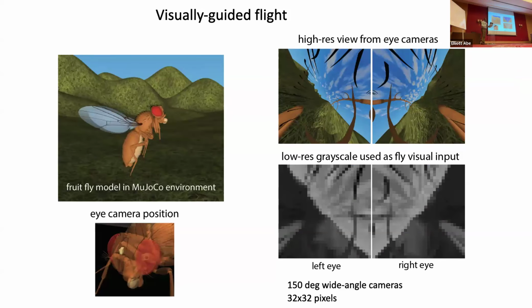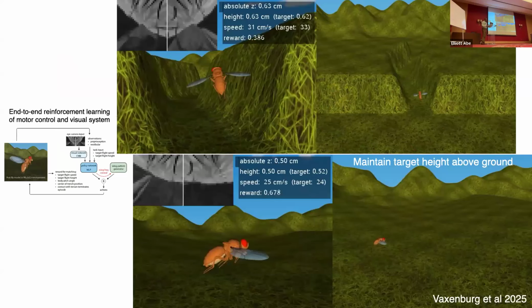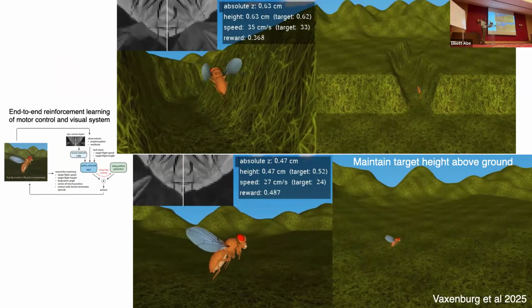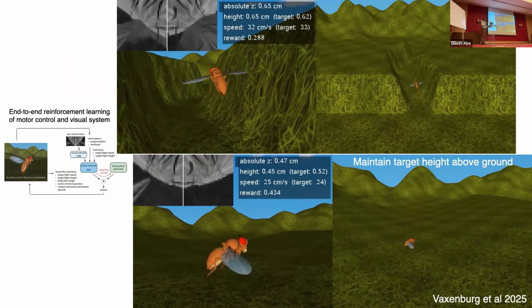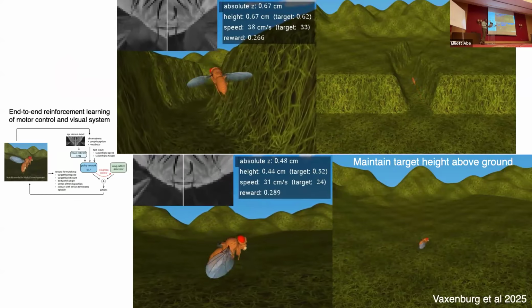We said, now we have these steerable controllers, as we call them, where you can tell it, here's the trajectory, follow that trajectory. And so what that is, you're just telling it what you want the center of mass position and orientation to look like. And the animal has to decide exactly how to move all of its degrees of freedom and actuate them. And so one of the tasks we said is, here, use your visual system. This simulation also has a visual system.